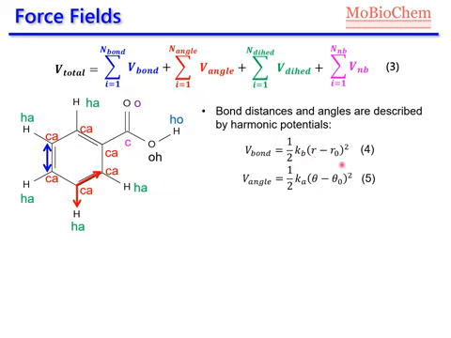So this is the typical equation for the harmonic oscillator. And here r is the separation between the 2 atoms. We want to compute the interaction energy. We will have a similar equation for the angle contribution, but now instead of distances, we will have an angle here. So theta will be the angle between hydrogen, carbon, and carbon, for example.